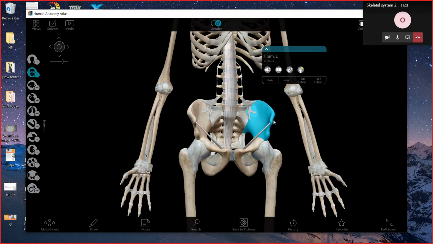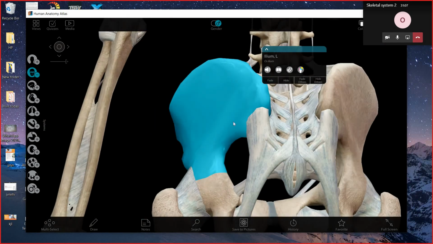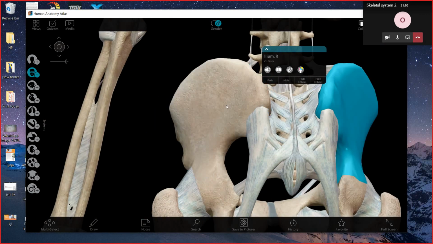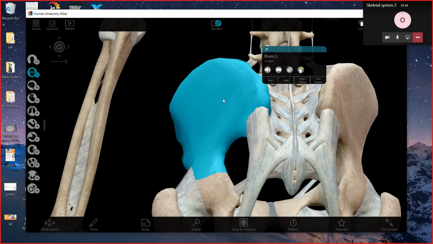No, just one bone. Its name here is ilium, but in your book you will study it as pelvis, not ilium. So this is called pelvis.